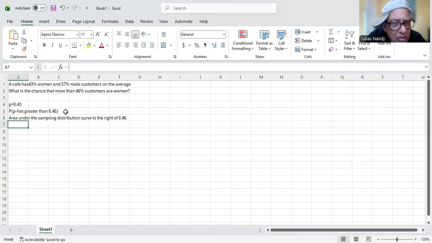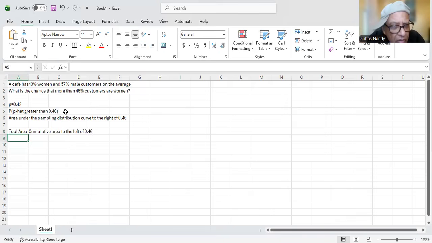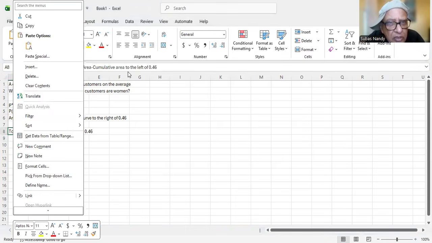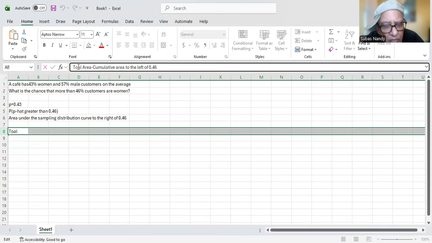This is same as total area minus the cumulative area to the left of 0.46. Now, total area, so the spelling mistake is total area, so I have to change it to total. So it is total.